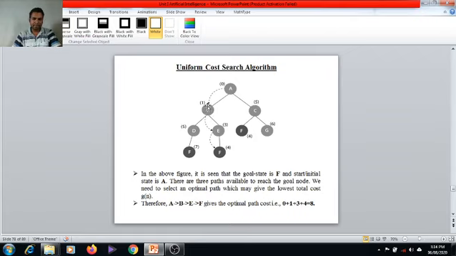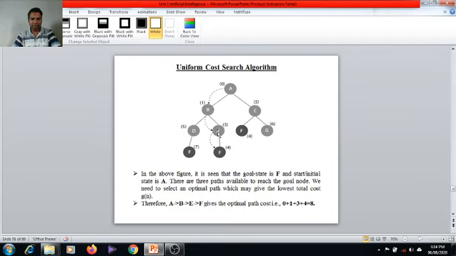After this, once it reaches B, there are 2 successor nodes to B. The cost to reach D from B is 5, and this 3 is the cost to reach node E from node B. So out of these 2 path costs, 3 is less than 5. That's why node B is expanded in the E direction.